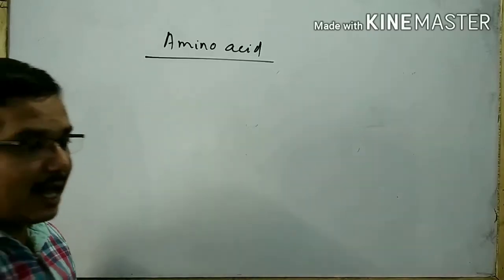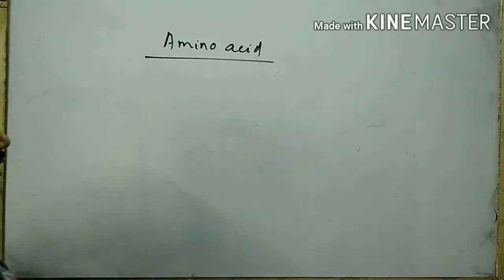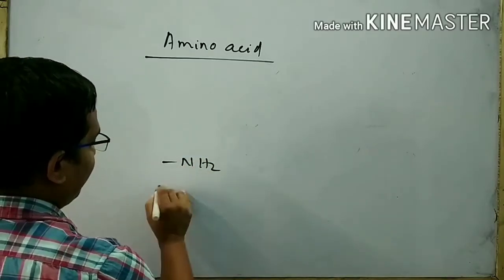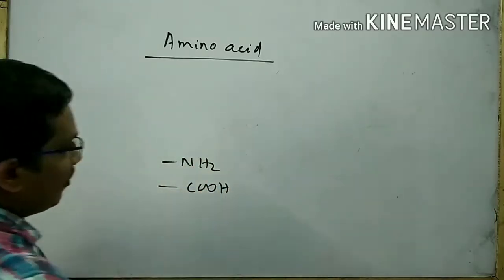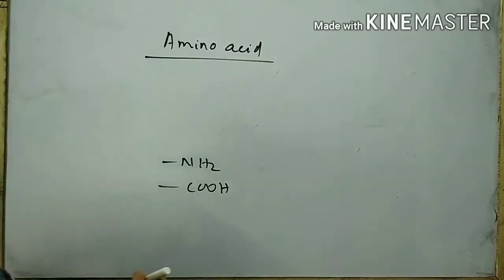Amino acids are organic compounds which contain both an amino group and a carboxylic group. If an organic compound contains both the NH2 group and the COOH group, then such organic compounds are considered amino acids.